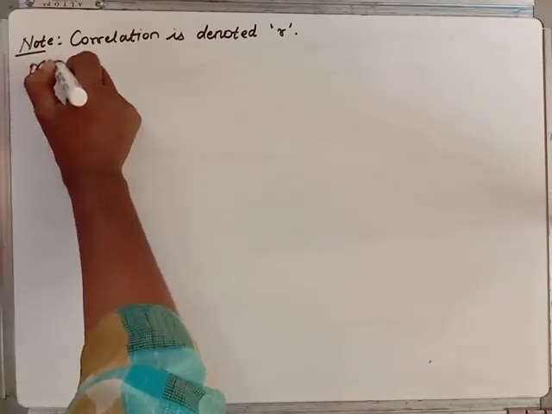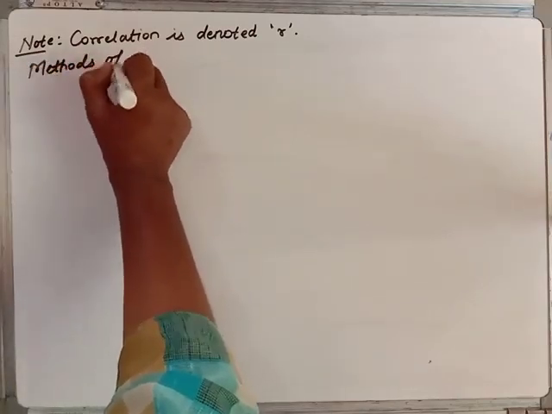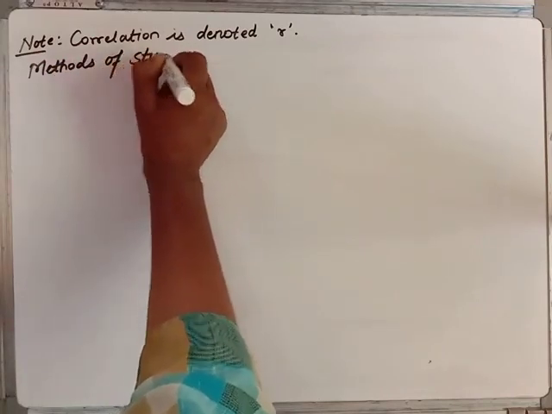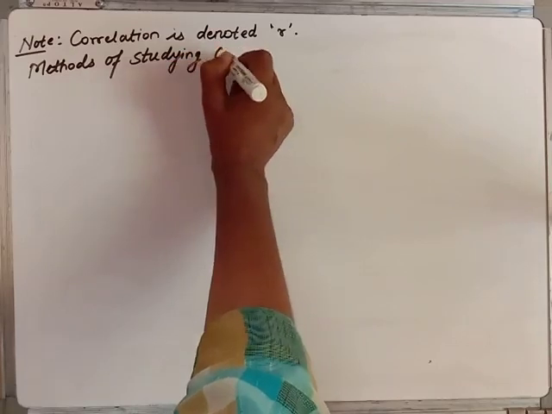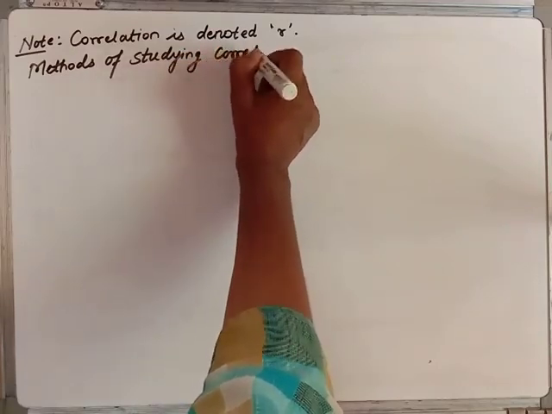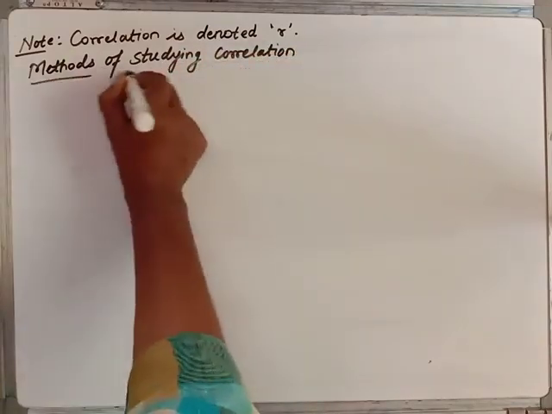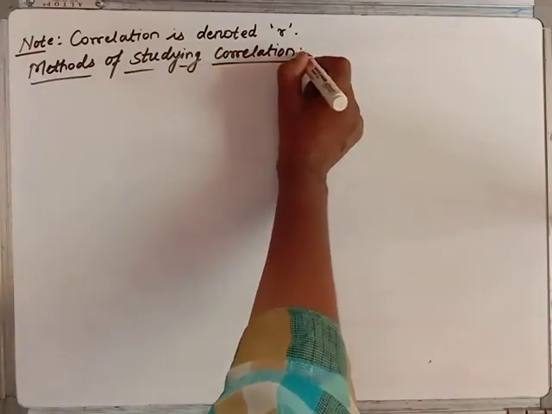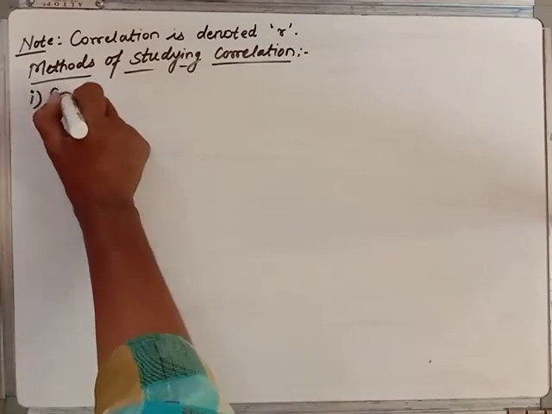So now let's see methods of studying correlation. First method, scatter diagram.